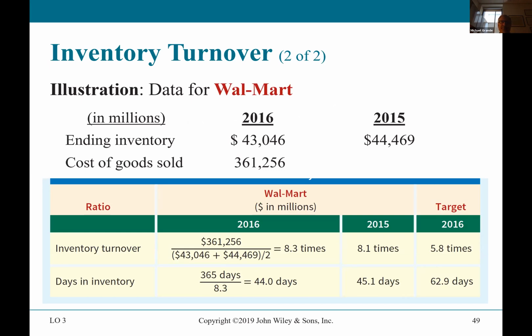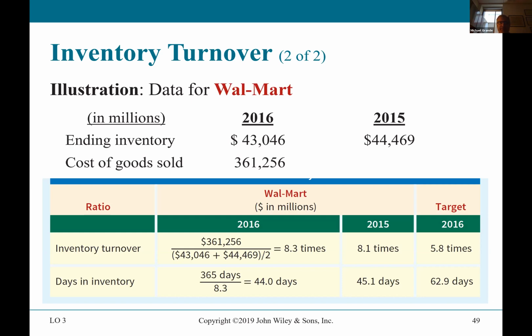Here's an example. You've got Walmart, with their inventory, beginning and ending. Beginning in 2015 is 44,469. 2016, 43,000. Cost of goods sold, 361,000.